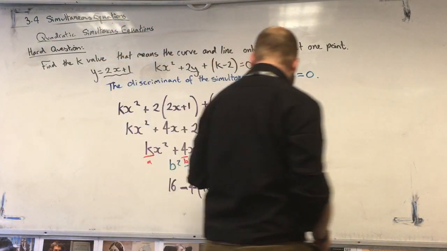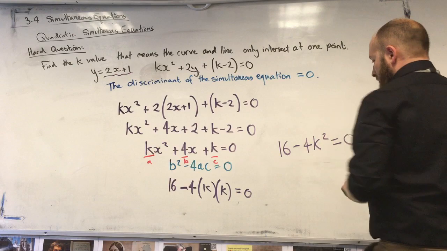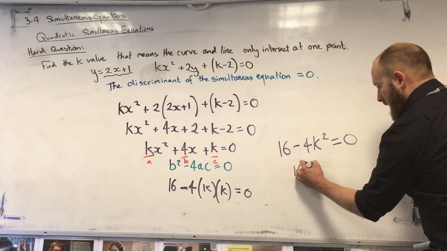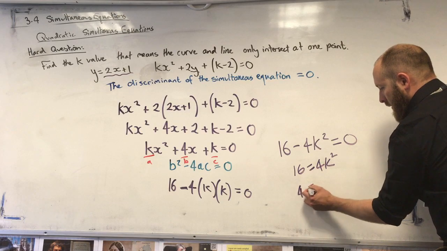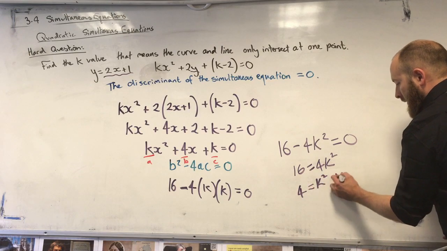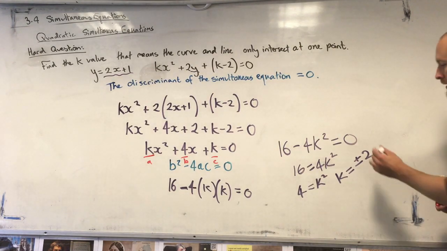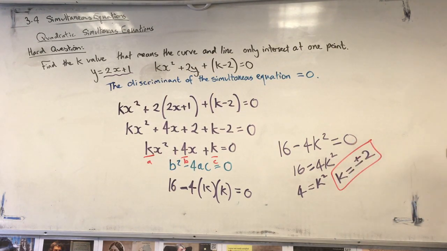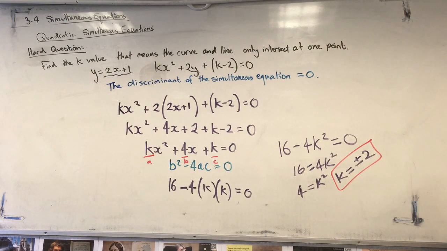So therefore 16 minus 4k squared equals 0. So 16 equals 4k squared, so 4 equals k squared. So k is plus or minus 2. So if k is plus or minus 2, it means the curve and the line only intersect at one point.